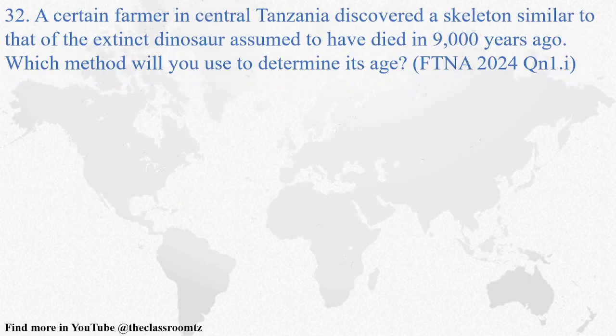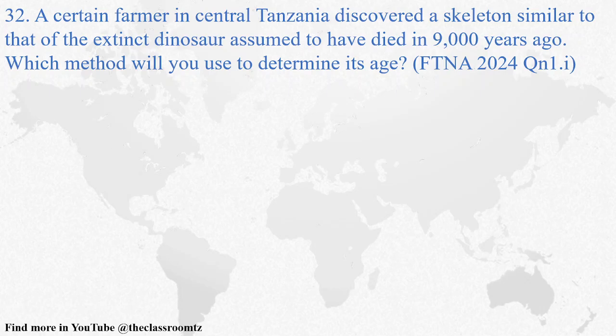And then we have: a certain farmer in central Tanzania discovered a skeleton similar to that of an extinct dinosaur, and assumed it to have died 9,000 years ago. Which method will you use to determine its age?